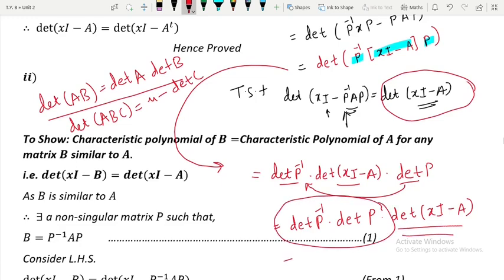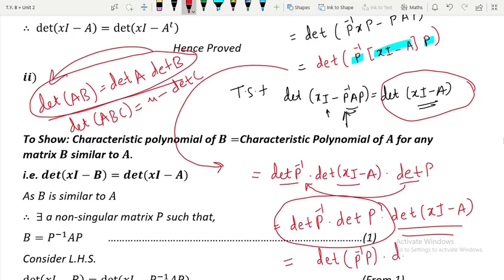Again we have to use the same property, but now for two matrices and in the reverse way. We are having determinant of P inverse multiplied by determinant of P. So in the reverse way it will be determinant of P inverse P, right, multiplied by determinant of xI minus A. But P inverse P is I, and you know determinant of I is 1.